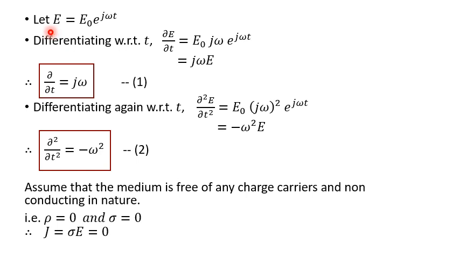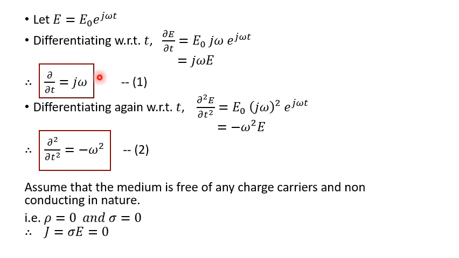So I can assume that the electric field E can be defined as E0 e raised to j omega t, where E0 stands for the maximum value of the electric field intensity and omega is the angular frequency, which is defined as 2 pi f. Now if you differentiate this equation with respect to t, we get dou E by dou t is equal to E0 j omega e raised to j omega t, or you can write this as j omega times E.